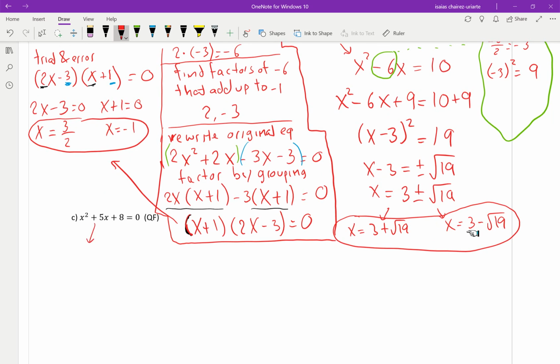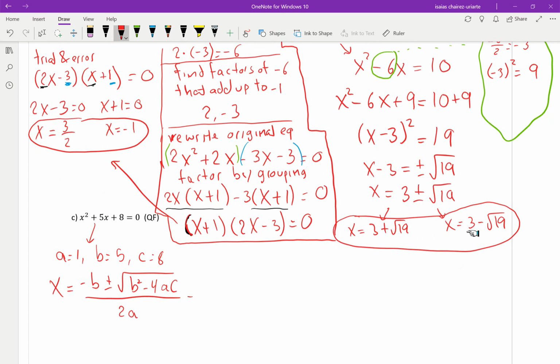Well, a is equal to 1, b is equal to 5, c is equal to 8. And the quadratic formula says that x is supposed to be equal to negative b plus or minus the square root of b squared minus 4 times a times c, over 2 times a.